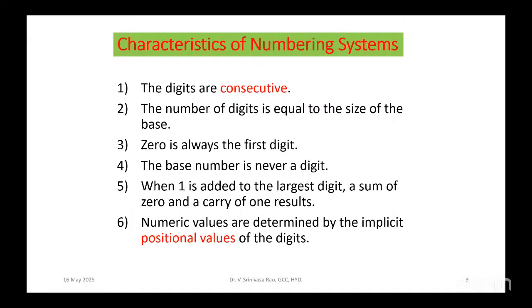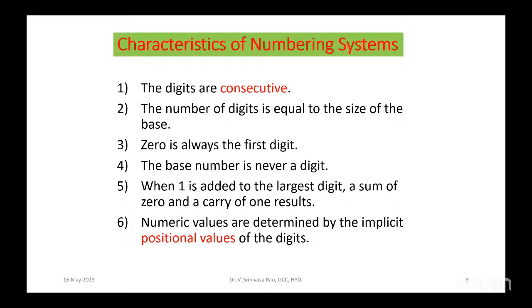The other one is the number of digits, which is equal to the size of the base. Four different number systems are there, each one having a different base. For decimal, 10 is the base. Binary is 2.